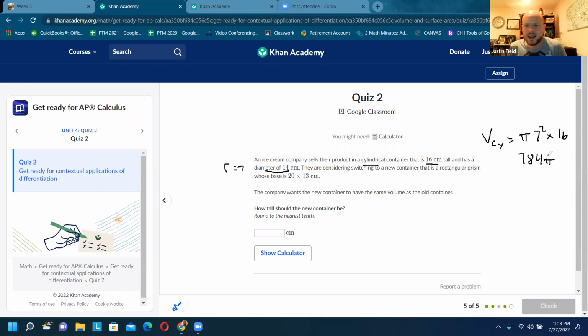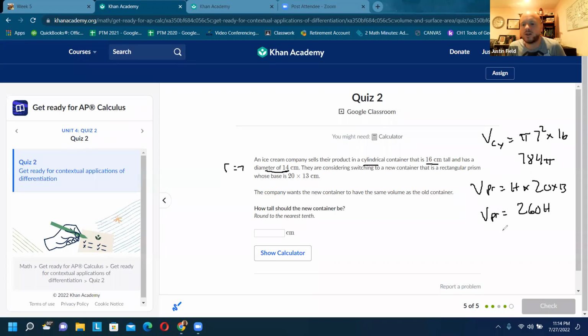So we're going to stay in exact until the end. And then we're going to switch to a new container whose base is, so the prism, we don't know the height, but we know the base is 20 by 13. 20 times 13 is 260. So it's 260H.